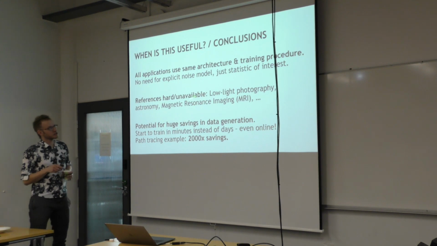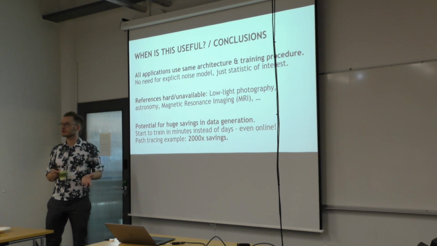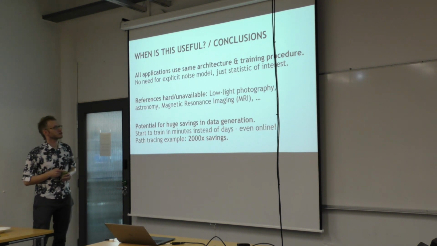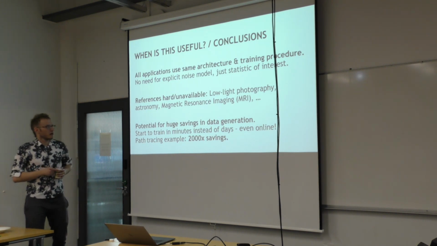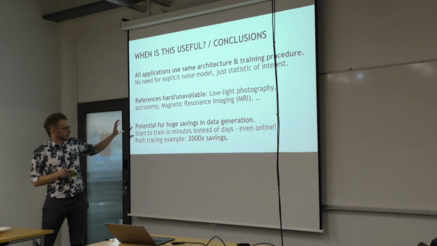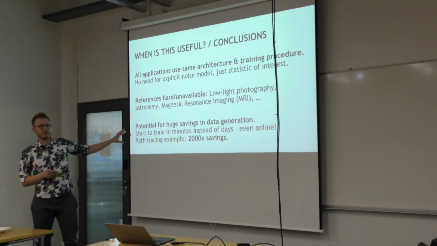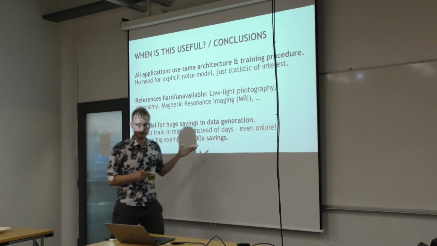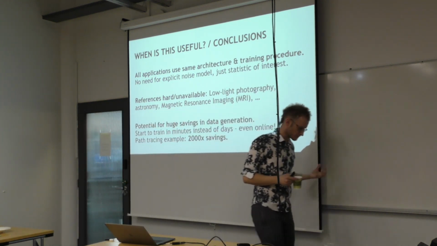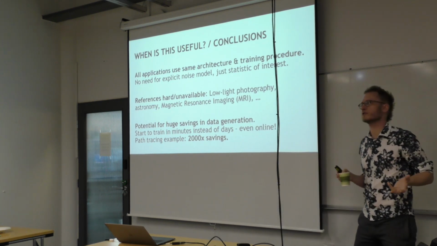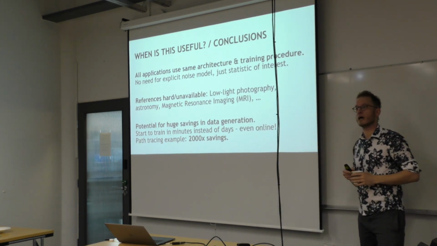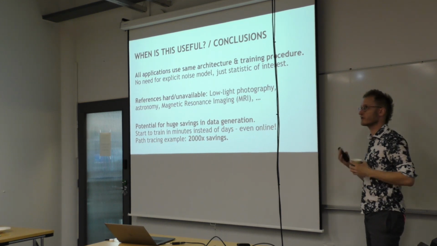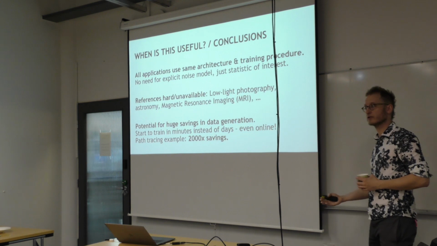And there are situations where reference images are hard to obtain. I've mentioned low light photography and astronomy and MRI. And our applications to computer graphics, and all of this means that this has, at least we hope, large implications on how easy it is to actually train high-performing image restoration models, since you don't have to put in as much effort into gathering your training set.